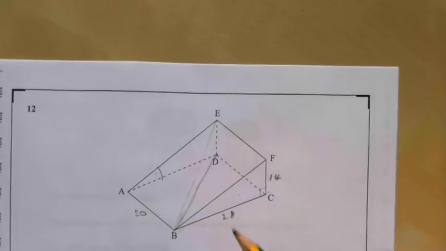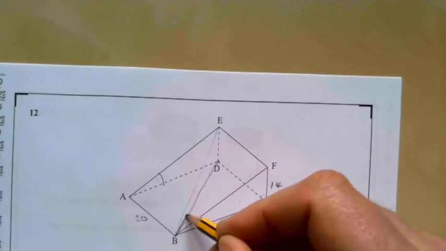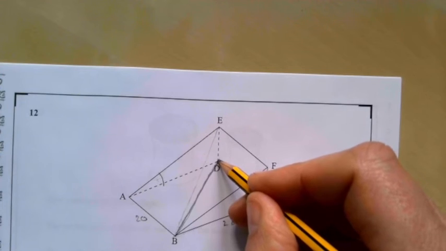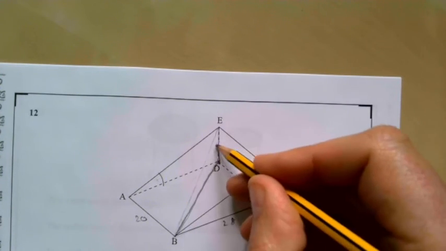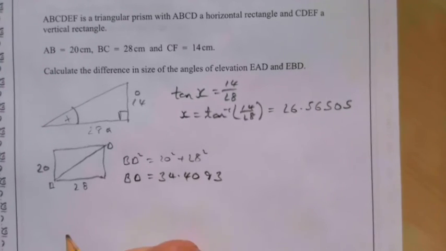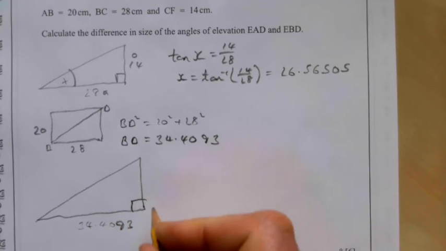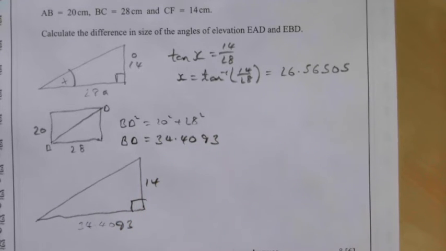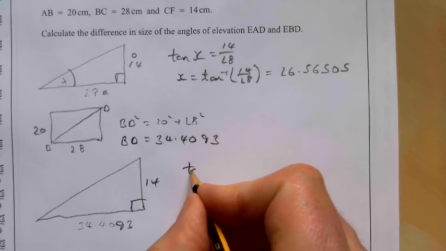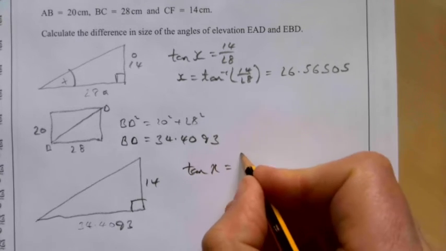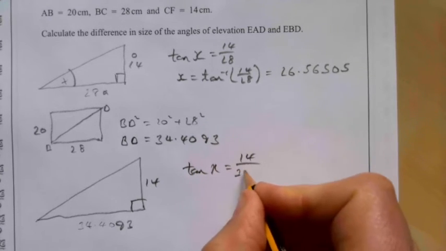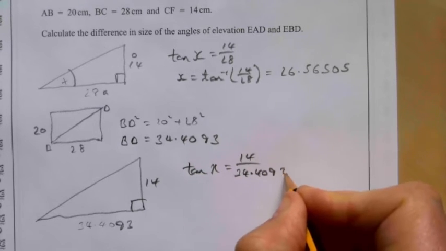And I now have this right angle triangle here. So that's 34.4093. That is 14. And if I lift that out, it's just going to be a right angle triangle. I'm going to use tan again. So tan X is 14 over 34.4093.